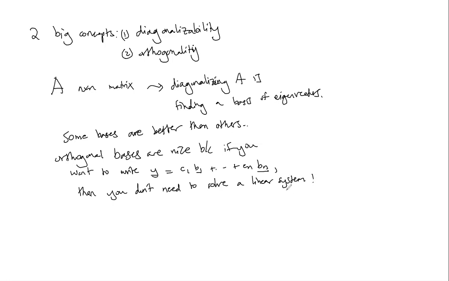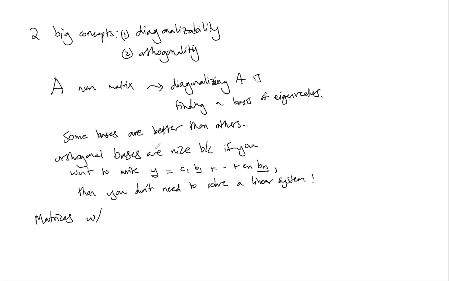You just take dot products. So orthogonal bases are really nice. You can do computations a lot faster. And bases of eigenvectors are really nice. And we know how to go from an arbitrary basis to an orthogonal basis: you do Gram-Schmidt.